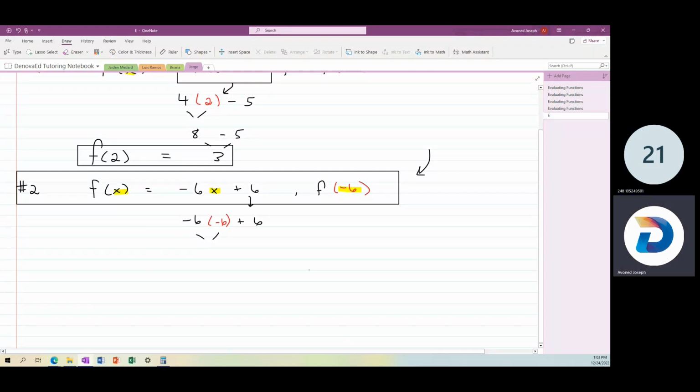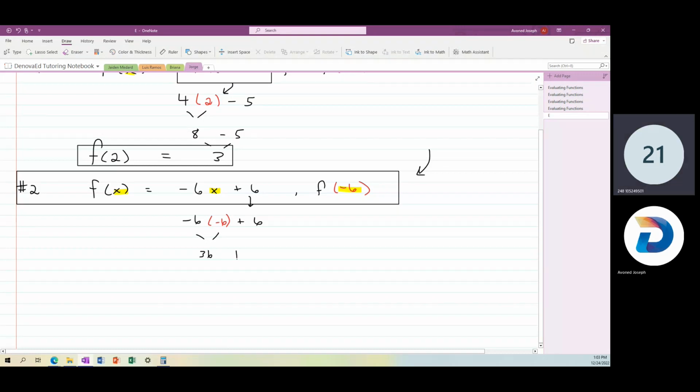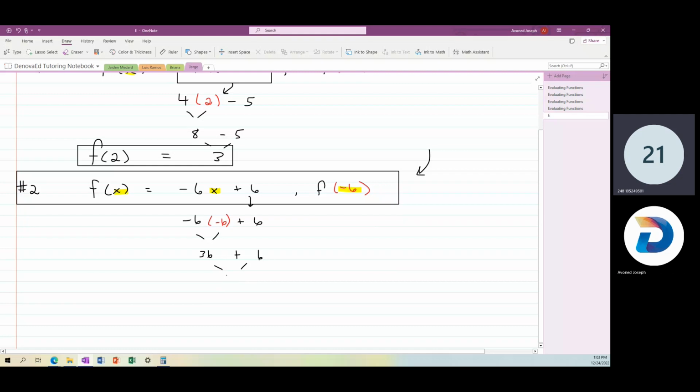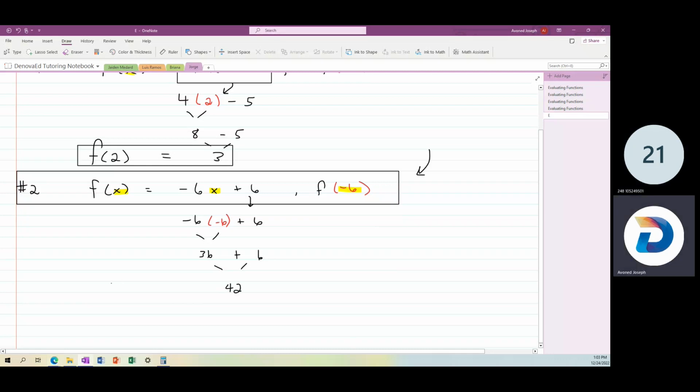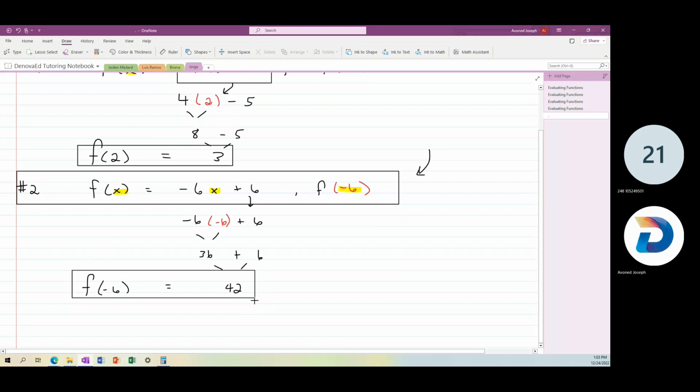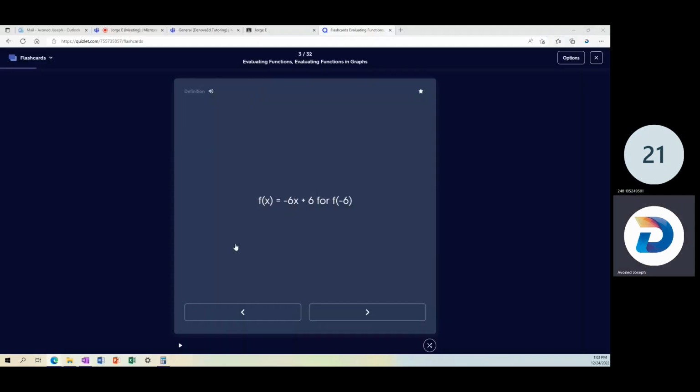Yep, 36 plus what? 6. There you go. And that is equal to what? I think 42. Yeah, it is 42. So now we know that f of -6 is equal to what? 42, sorry. 42, there you go.